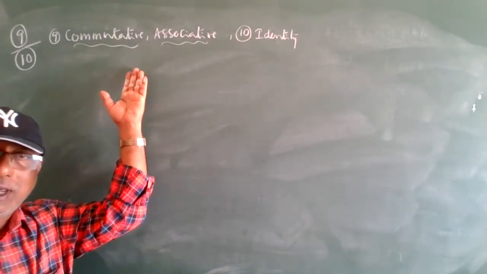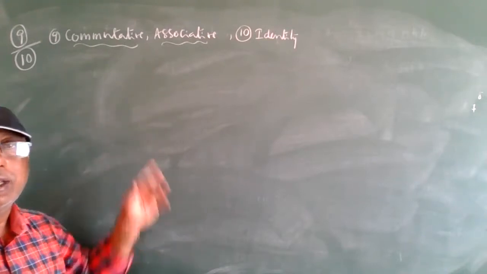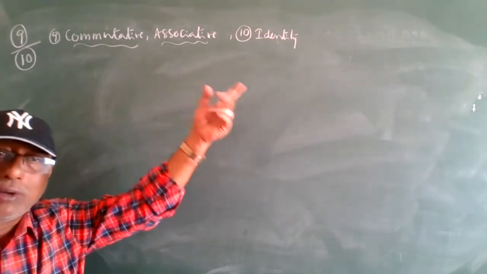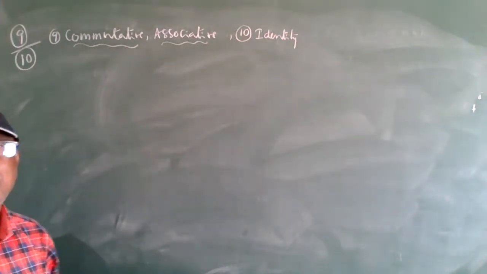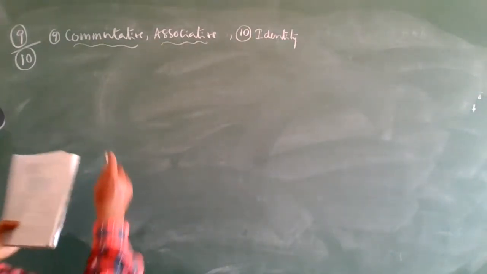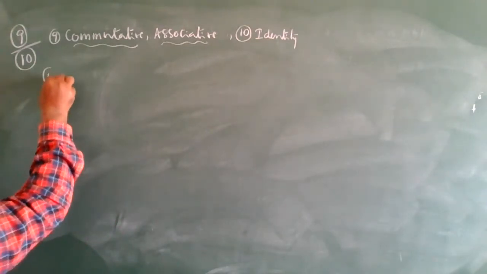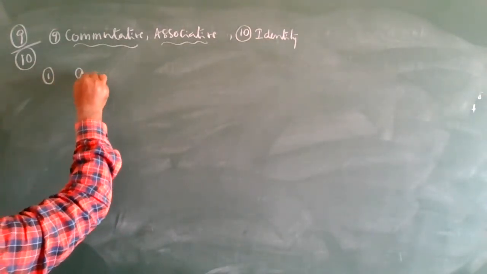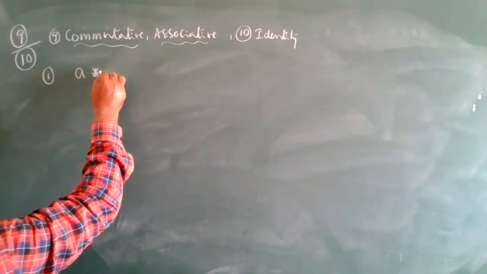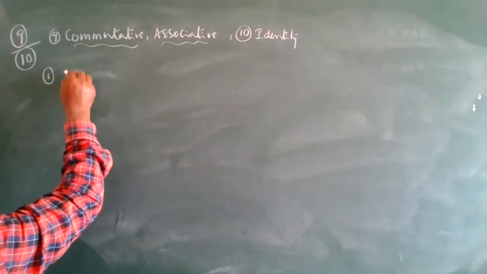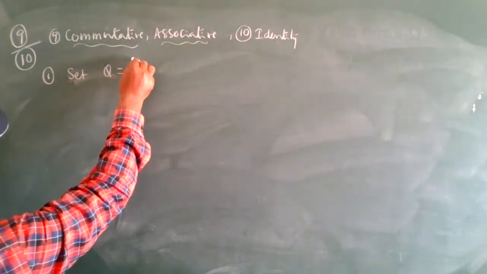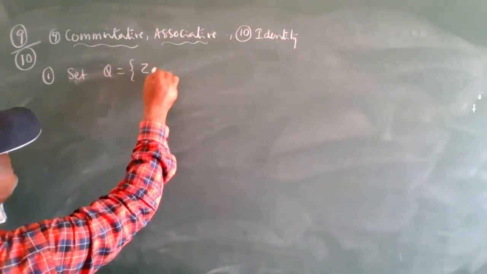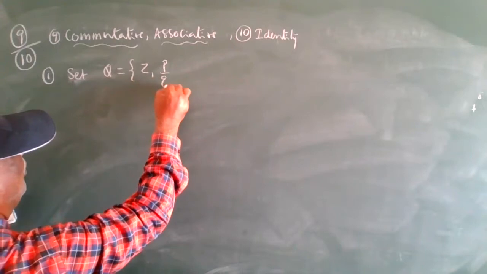Same problem, that's why I will find all. So commutative, associative, identity means two problems, 9th and 10th, should be completed. Right, first, A operation B, here the set is given by rational numbers, integers and p by q form.